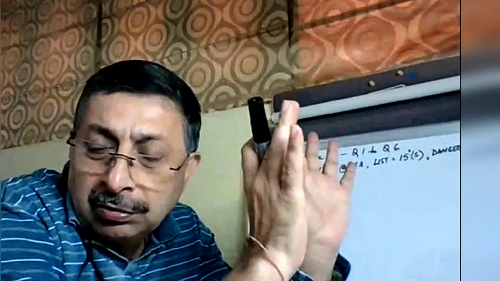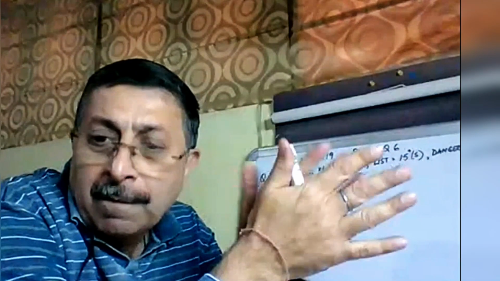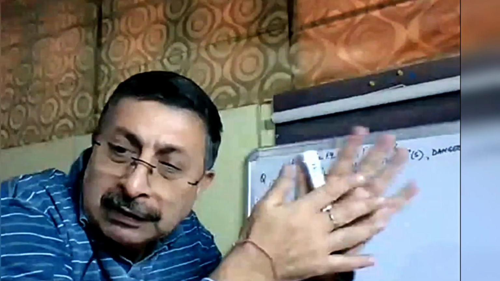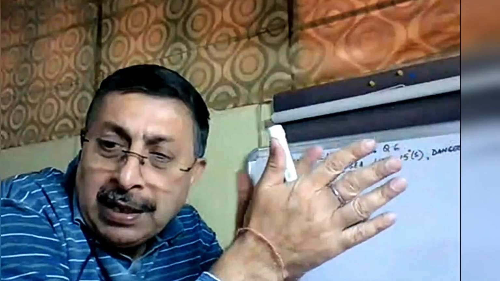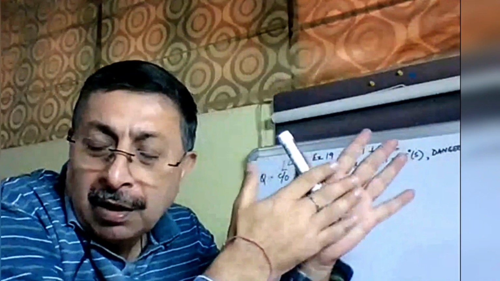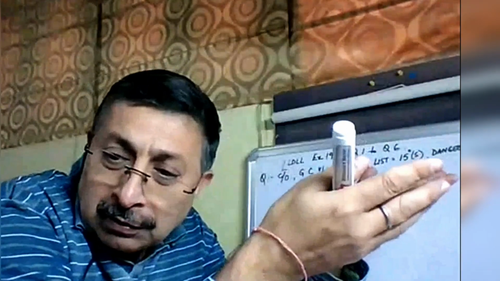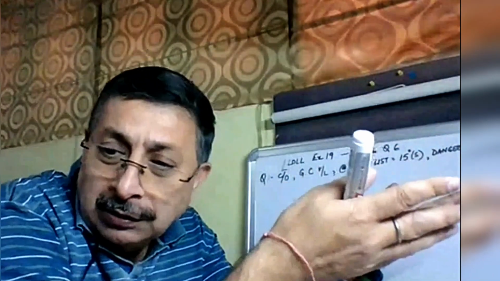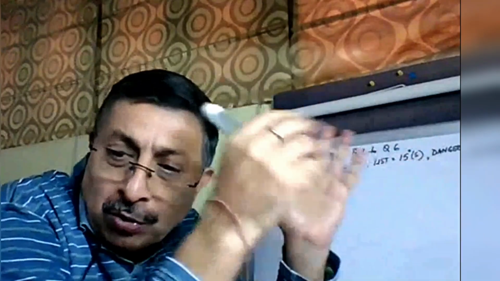So there is something wrong. What is the cause of the list? That is for sure. First you have to find out the cause of the list. भाई डेंजरस तो है ही है ना. अगर आप कुछ नहीं करोगे तो 15 का 30 हो जाएगा, 30 का 45 हो जाएगा. या सर बिल्जिंग हुई है, फ्लडिंग हुई है, कुछ ना कुछ तो हुआ ही है. कुछ भी हो सकता है.